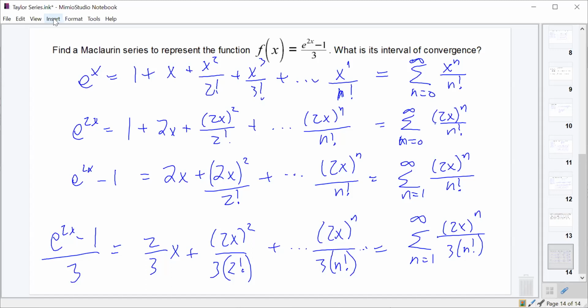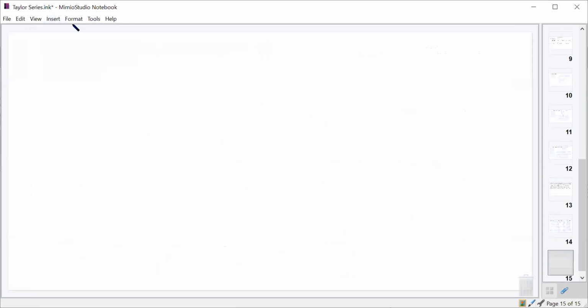All right, now let's do something cool using this same idea, where we can manipulate these functions in any way we want. We know the series for e to the x. What is the series? We just did it, right? It should be the sum from n equals 0 to infinity of x to the n over n factorial, one of the ones you need to memorize.